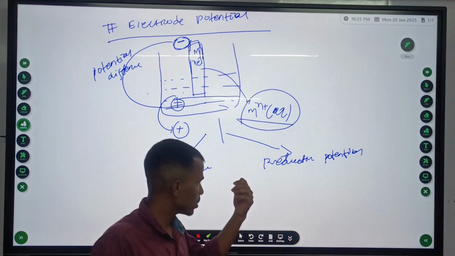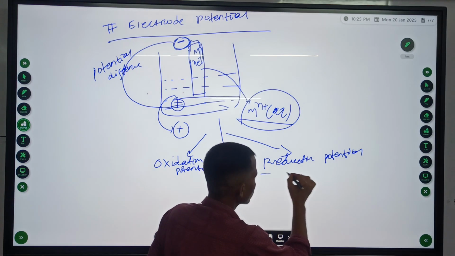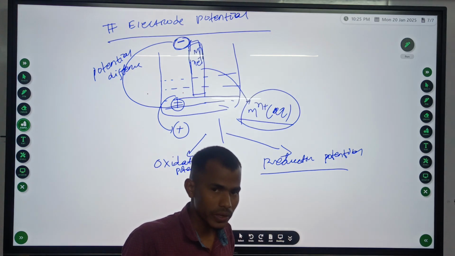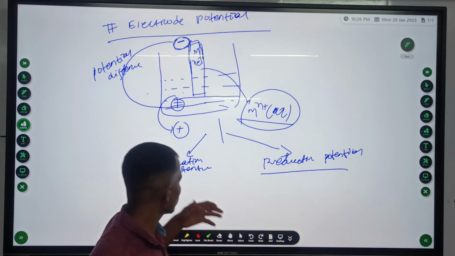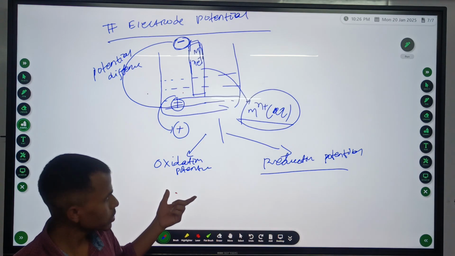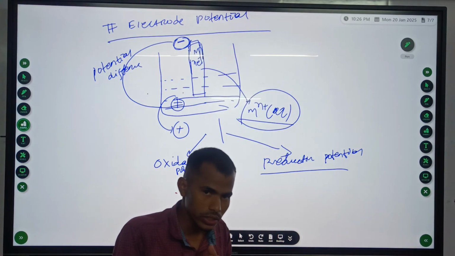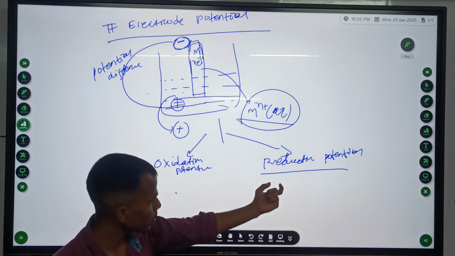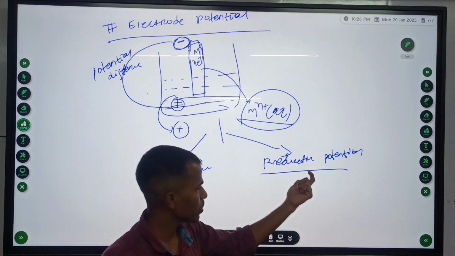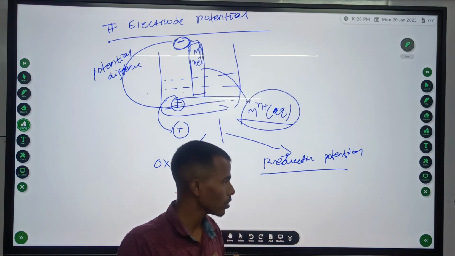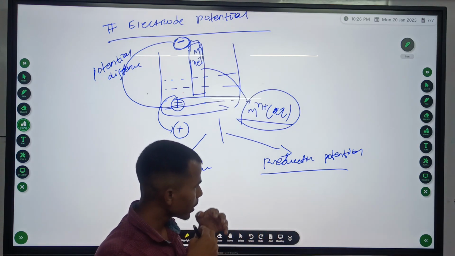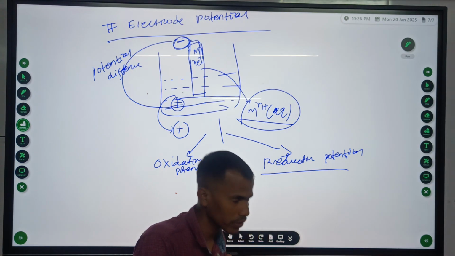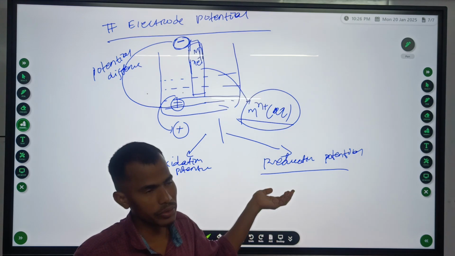And similarly, the reduction potential also gives us information about the tendency of a metal to reduce. The more the oxidation potential, the higher the oxidation capability of the metal. The more the reduction potential of a metal, the higher the tendency to gain electrons. The reduction potential is high for the metal.